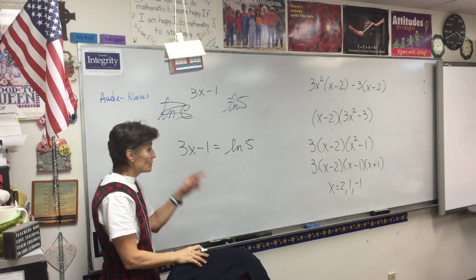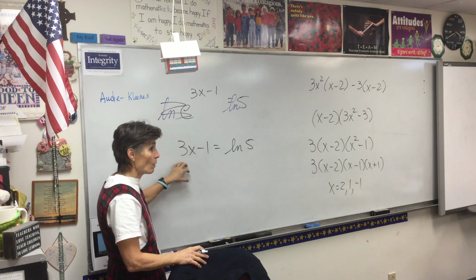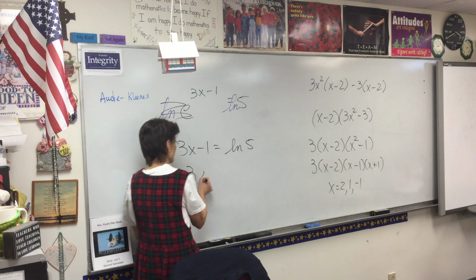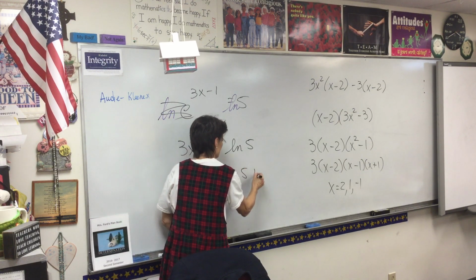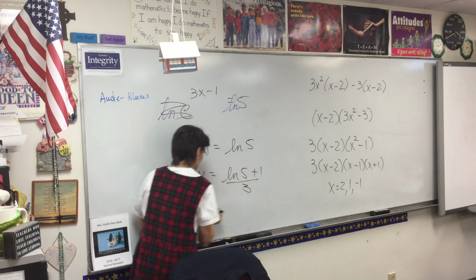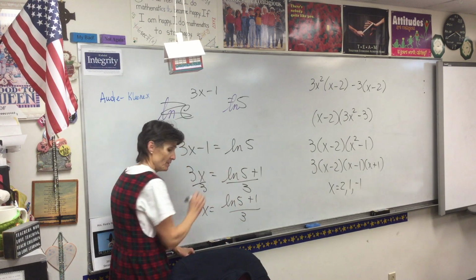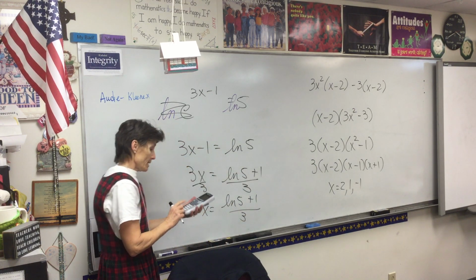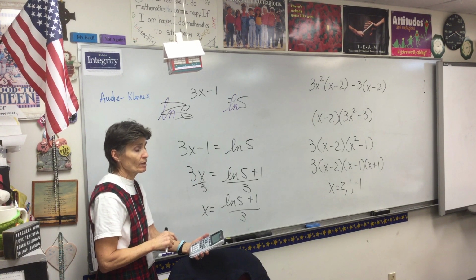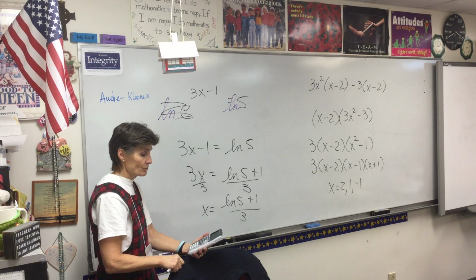Now remember, you're trying to figure out what x is. So think about solving this equation. Don't you have to add 1? And then divide by 3? So we are going to type into our calculator this. And I would suggest, those of you that are still struggling a little with your calculator, type ln 5 equals.